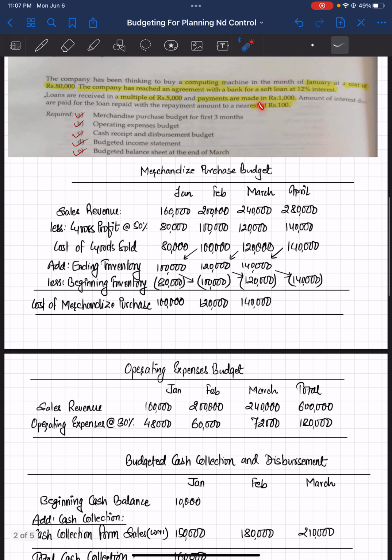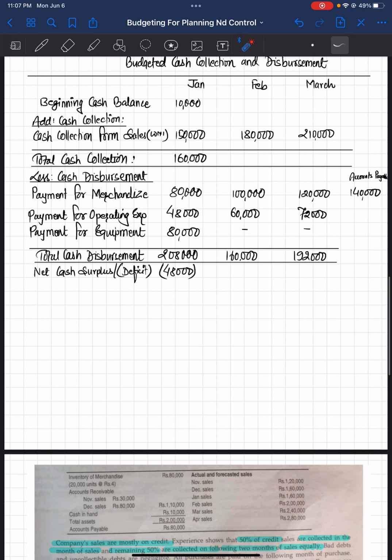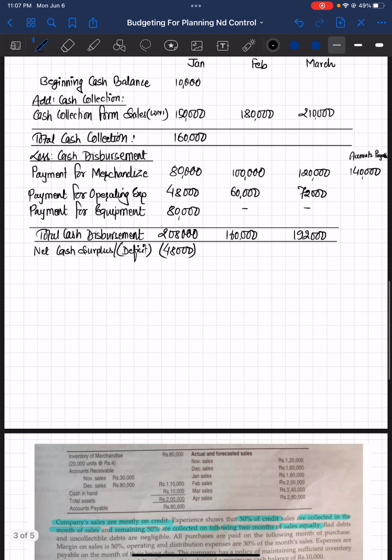And also the interest is to be rounded off to the nearest 100. So since we are 48,000 short of our minimum cash balance and we need to borrow, we'll have one section over here that we call adjustment from borrowing.